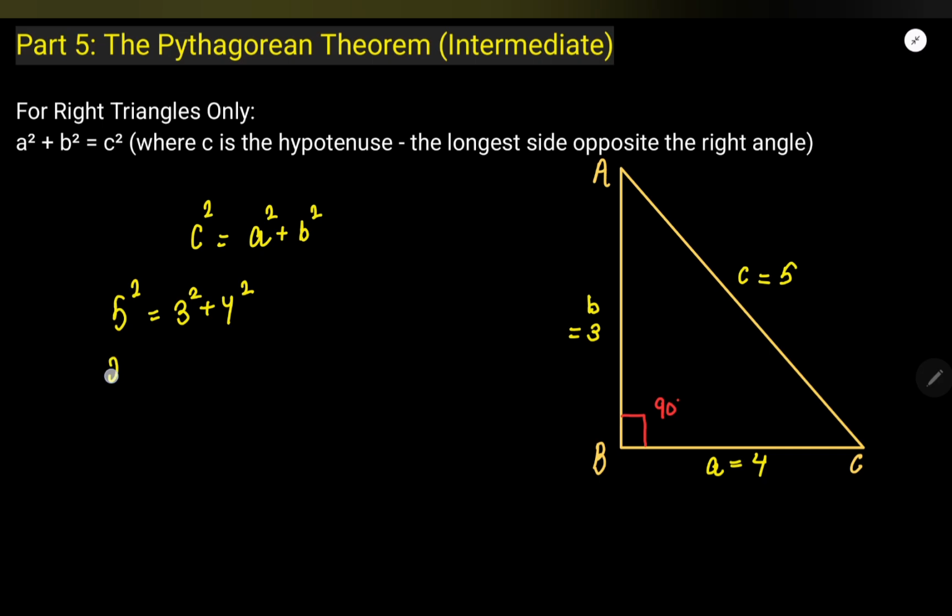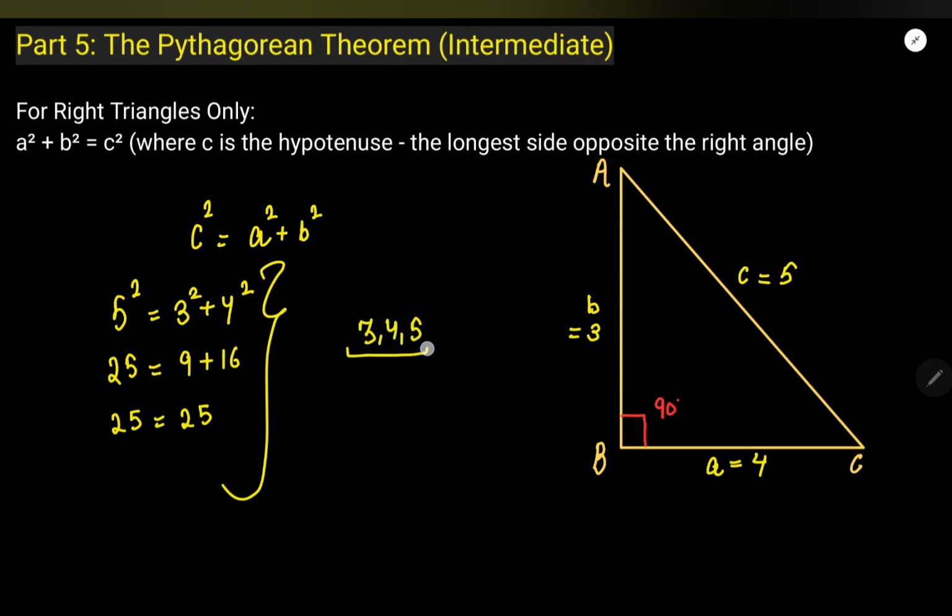We know 5 square is 25, 3 square is 9, 4 square is 16. That means 25 is equal to 25. So yes, this is a right angle triangle. Such triplets are called Pythagorean triplets, like 3, 4, 5.